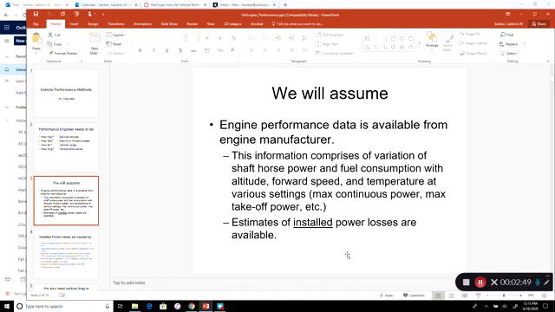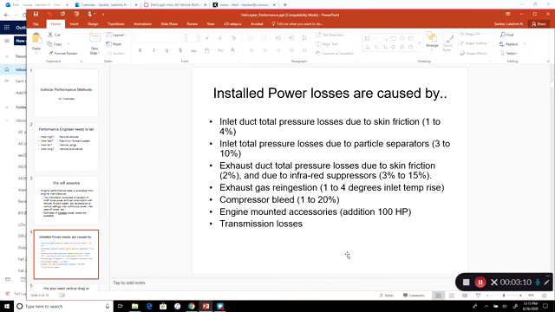Not dramatically, but they do change. Therefore, we need some estimates of installed power losses. Initially, these would be guesstimates or empirical formulas. Later, from flight testing of a helicopter, they will get a better idea of how much power is available at various altitudes and various conditions.